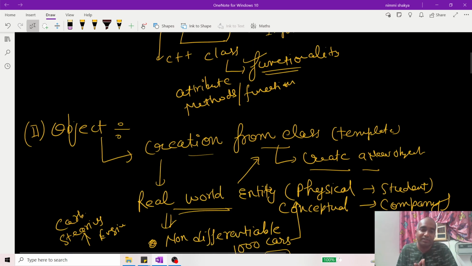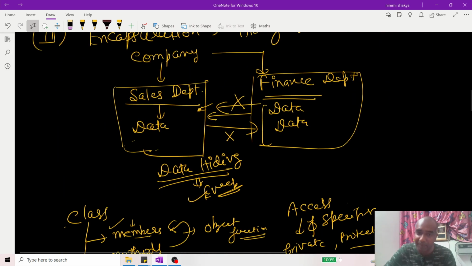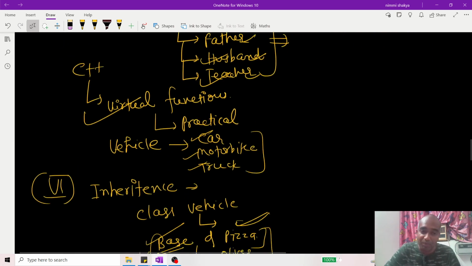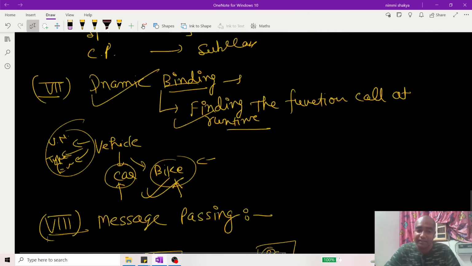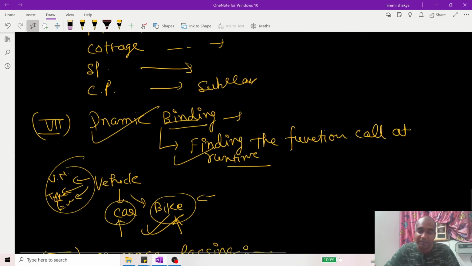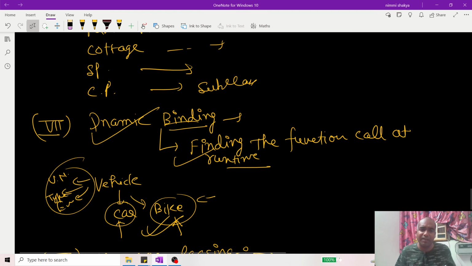life connection of object, real life connection of class, real life connection of encapsulation, abstraction, polymorphism, inheritance, dynamic binding and message passing. Two of these concepts, dynamic binding and message passing, are very much dependent on programming understanding.